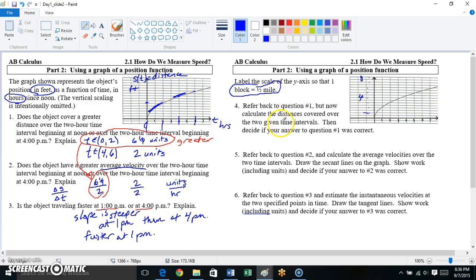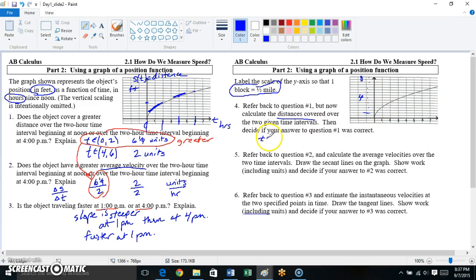All right, so back to question 1. We're going to calculate the distances covered over those 2 time intervals. So we know that we have 1, 2, 3 and a quarter, roughly.